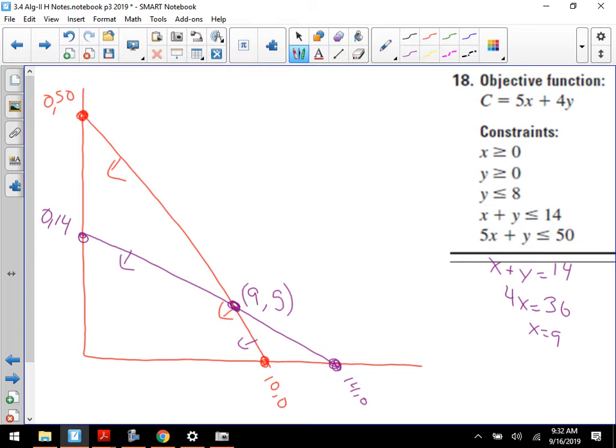Okay. The only other one we have to graph now is y less than or equal to 8. The reason why I waited to graph that one after we got this ordered pair is because now, where does that line occur? Is it above or below that dot? It's above the dot.